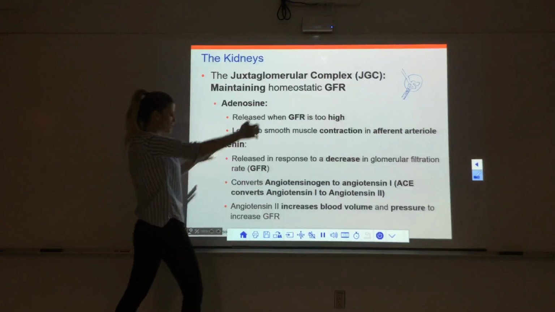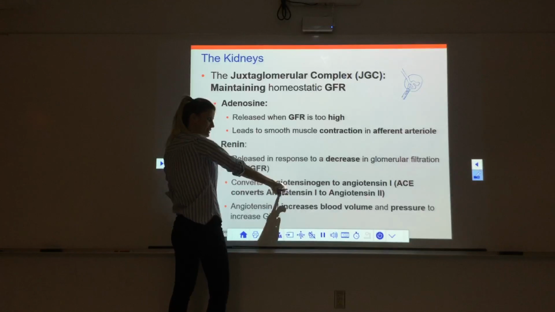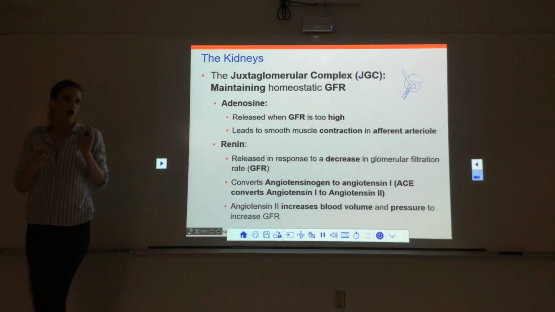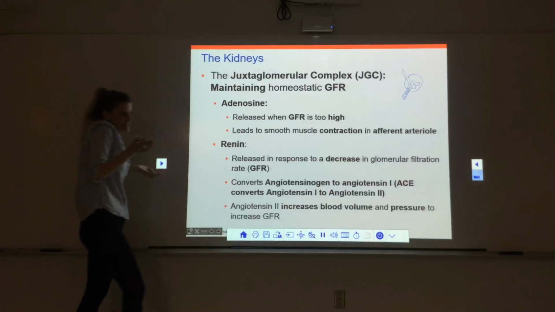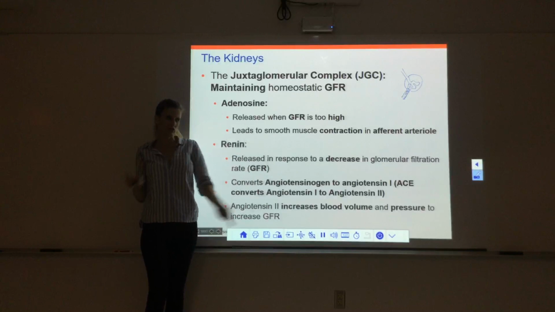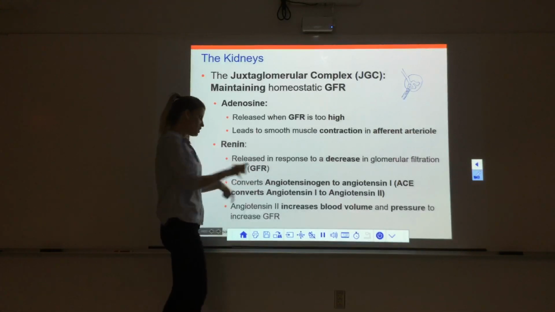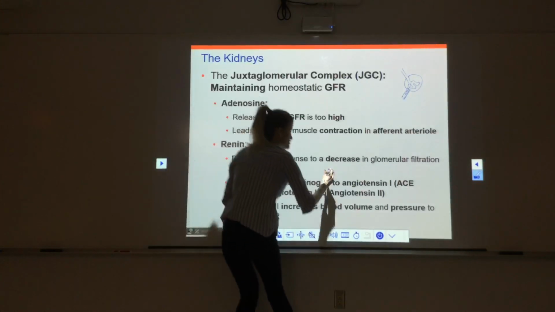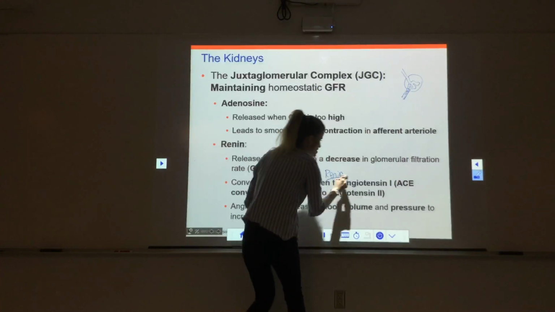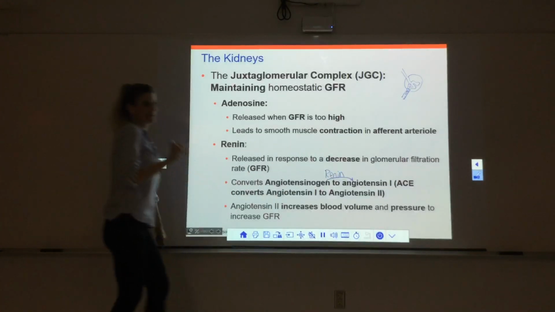So remember this whole kind of conversion. Angiotensinogen, remember, is inactive, right? It's just a protein that's normally in your bloodstream. We make it in the liver and it just floats around in your bloodstream inactive, okay? Renin, that's the enzyme that converts angiotensinogen to angiotensin 1.